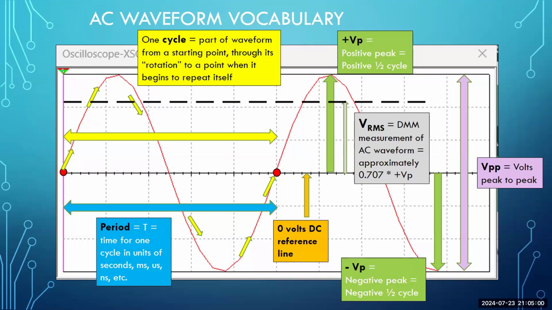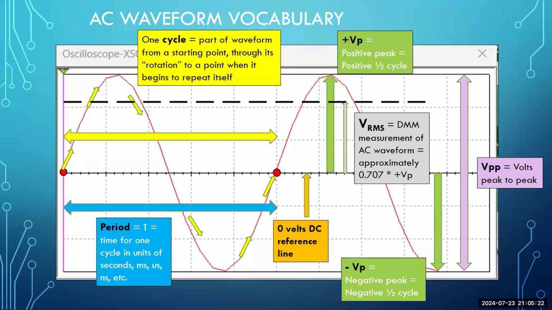So the red dot on the left shows the beginning of the rotation of the waveform up to a positive peak, like a roller coaster, and then it comes down, down, down to the zero line, and it crosses over the zero line from the positive upper part of the waveform to the lower negative portion of the waveform until it hits a negative peak.